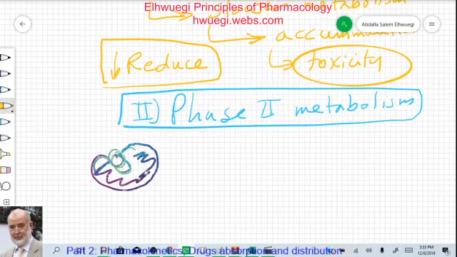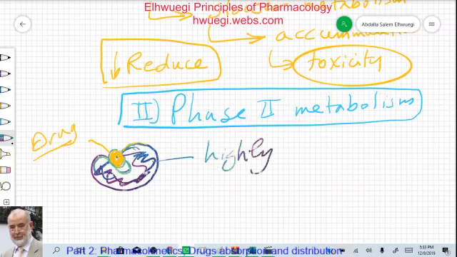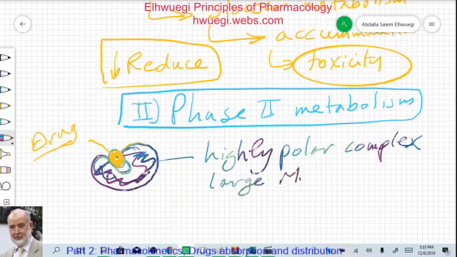Just imagine, this is the drug molecule. It will bind or conjugate with another molecule to form a highly polar complex of large size, of course, of large molecular weight.